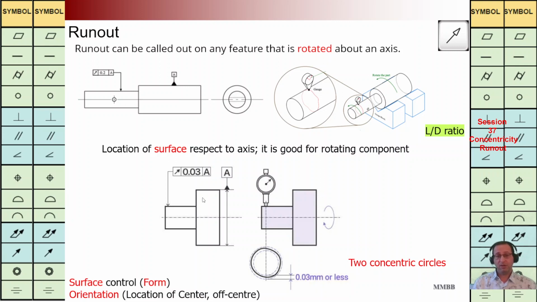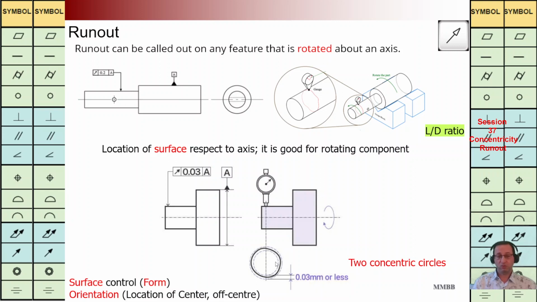Here we are going to have another example. In the second example, we are going to have runout TZ 0.03 back to A. A is the axis of this cylinder, and we are going to have two concentric circles, and for each cross section, the form of that circle should be in that interval.